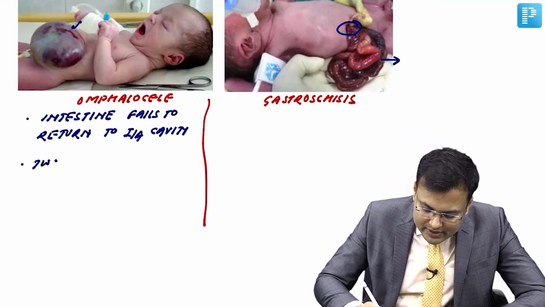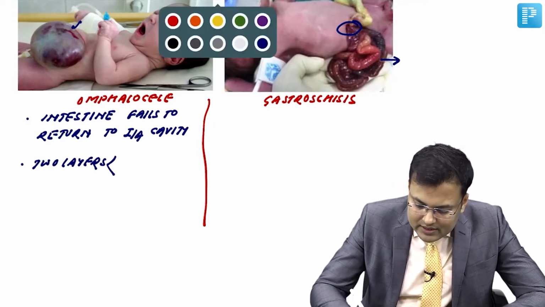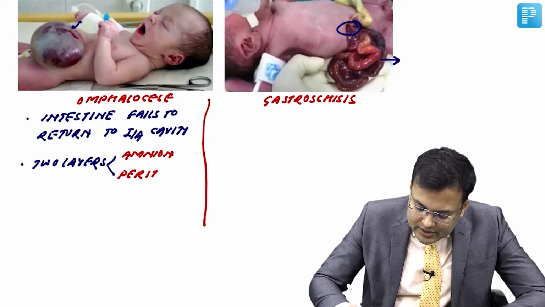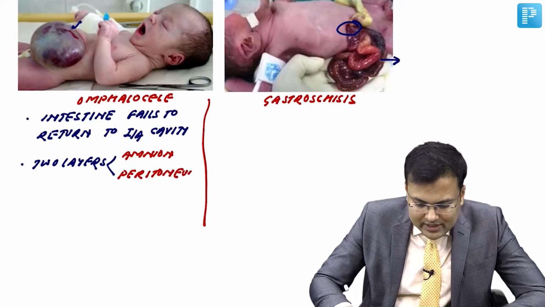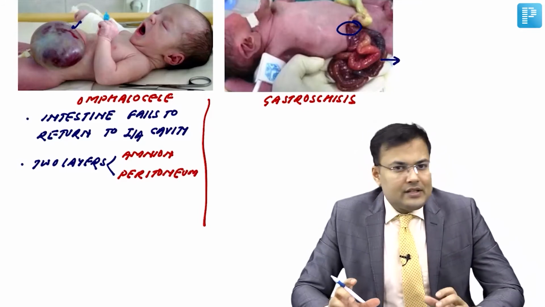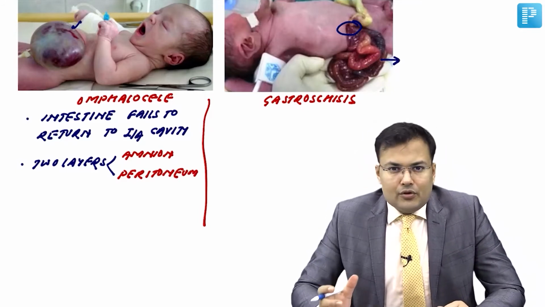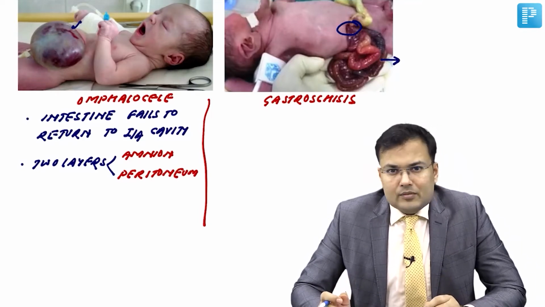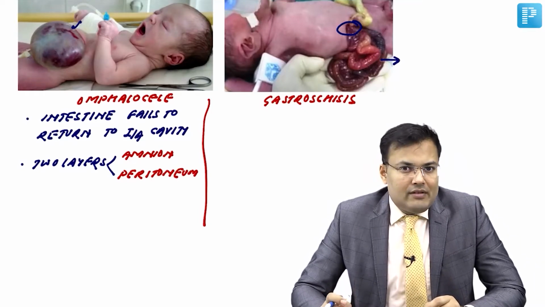What are those two layers? The bowel is covered by two layers. The outermost is amnion and the inner layer is peritoneum. Whenever the defect is small, there is herniation of only small intestine, and whenever there is a large defect, apart from small intestine, there can be herniation of liver also.